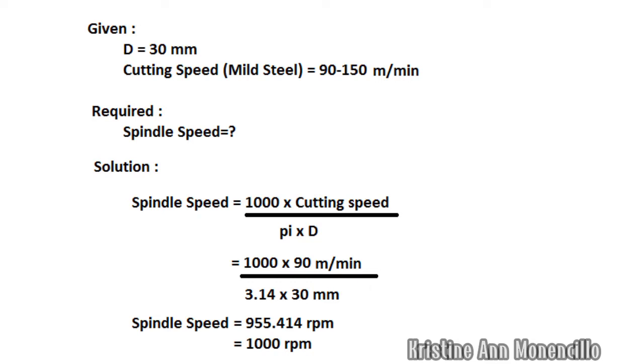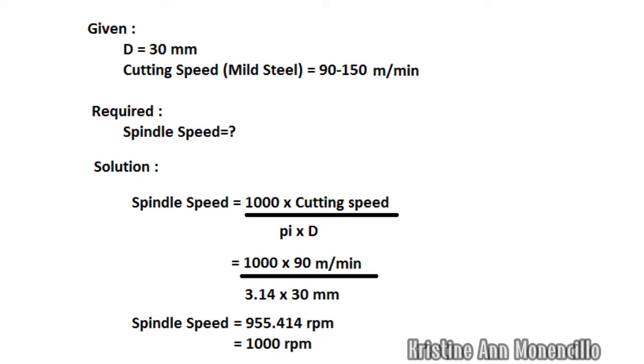We use it since the material used for our workpiece is mild steel, and what we use is the carbide cutting speed. The range of the carbide cutting speed for mild steel is from 90 to 150 meters per minute.